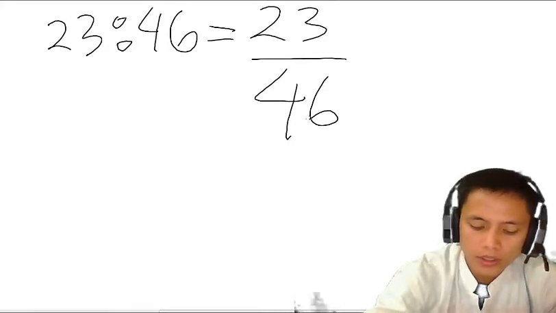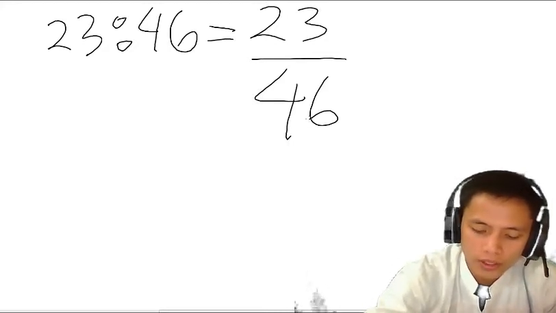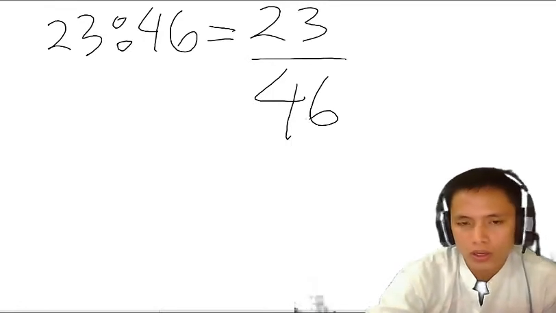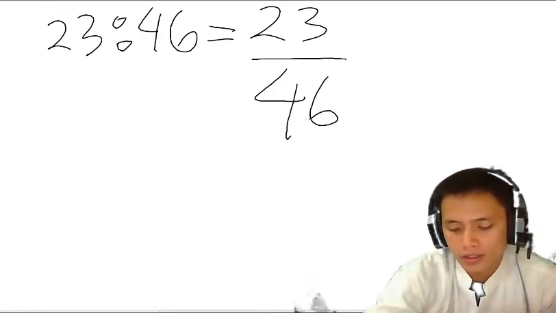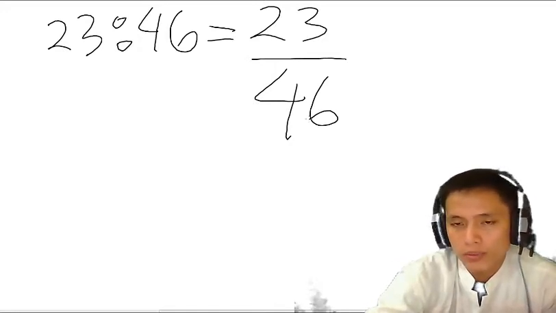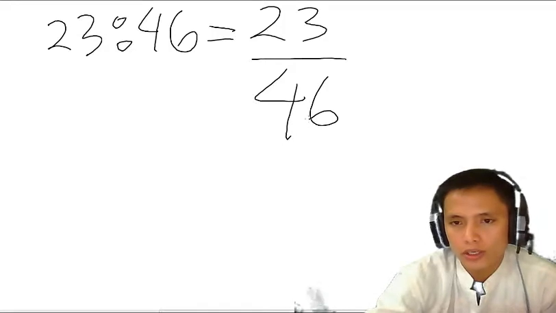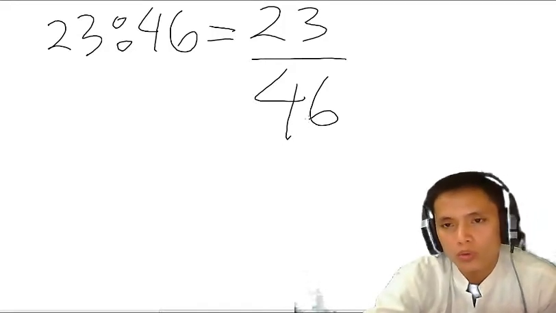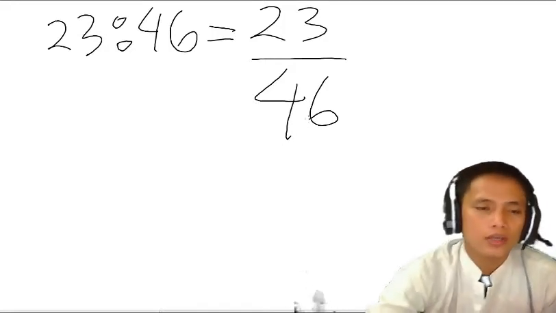The point is, if you want to find the equivalent ratios, you just divide by the common factor. So what I mean here is you need to find the equivalent ratio with the lower numbers.